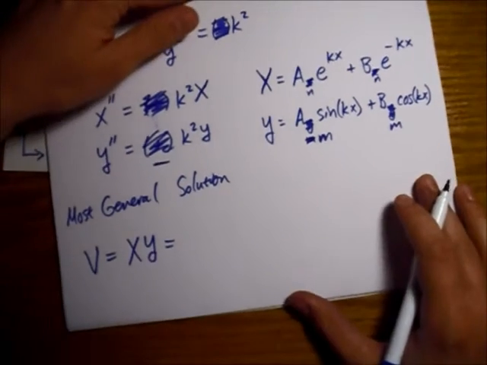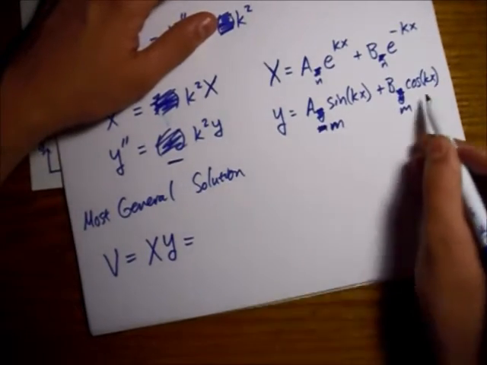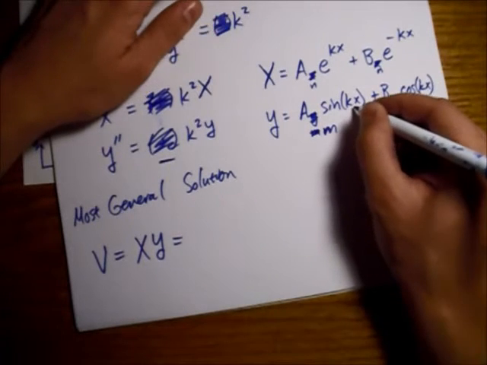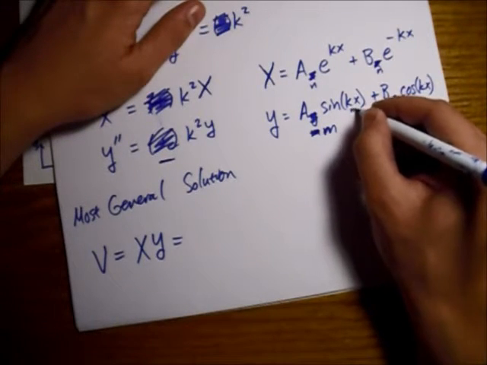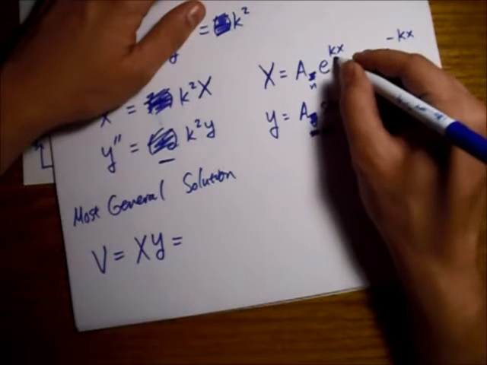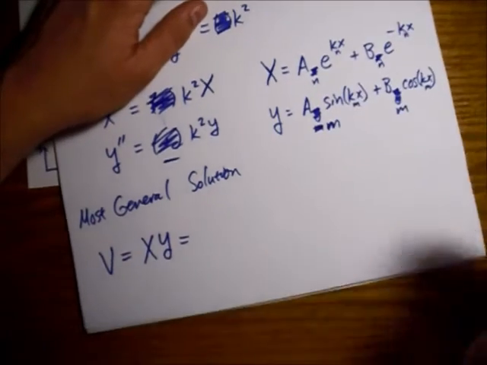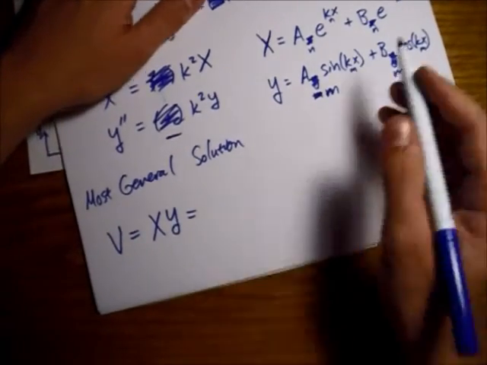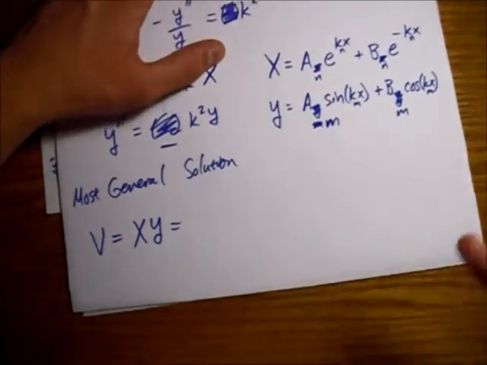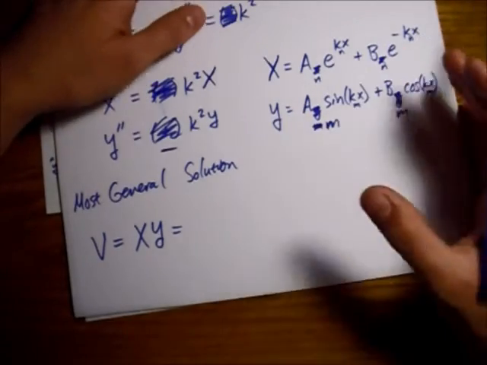Our most general solution is not just this equation, but any equation, and these k's can be different too. Oh my goodness, what a mess, right? But this is what we get when we're doing partial differential equations. We don't just get nice simple solutions like we would for ordinary differential equations.